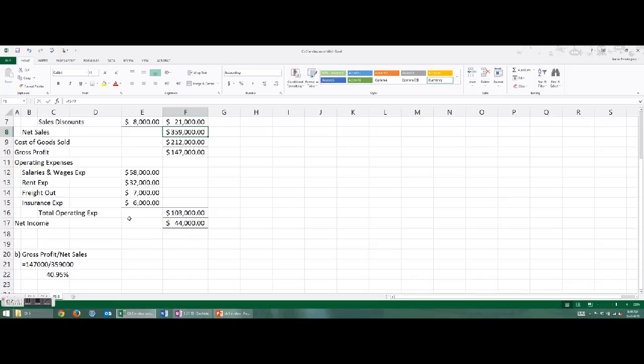We want to practice enough so that we don't get confused. The other heavy lesson for the chapter is the multi-step income statement, an evolution of our chapter 1 understanding of the income statement. It is commonly used by merchandisers, retailers, and wholesalers, so we want to be comfortable with creating it. That's the heavy lifting for chapter 5.